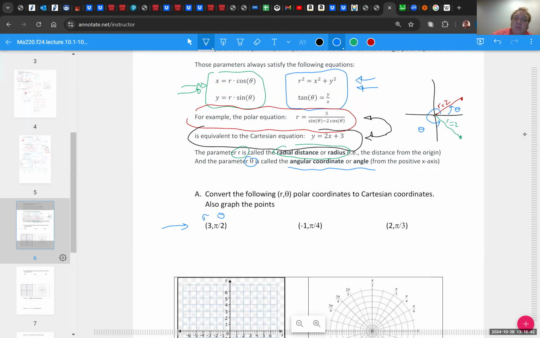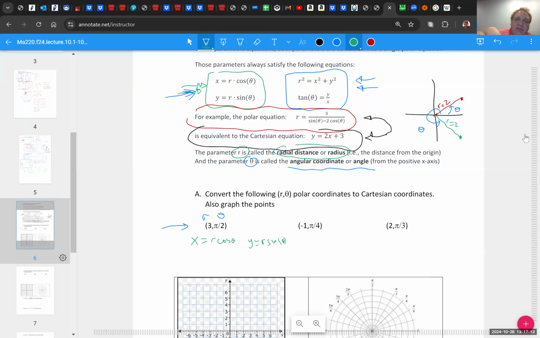So we're going to have to write the x and y coordinates if we're only given r and theta. All right, how do we do that? Well, if you guessed these equations up here, you guessed correctly. The ones on the left are how we get x and y given r and theta. So we're going to be using these ones right up here: x equals r cosine theta, and y equals r sine theta.